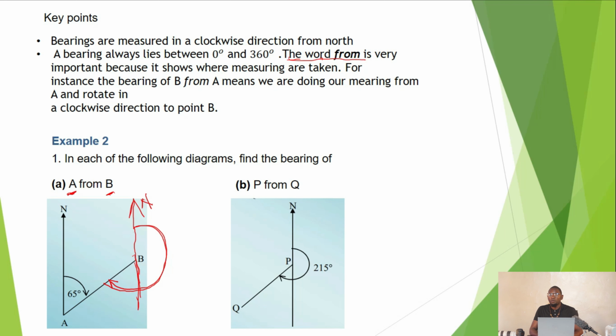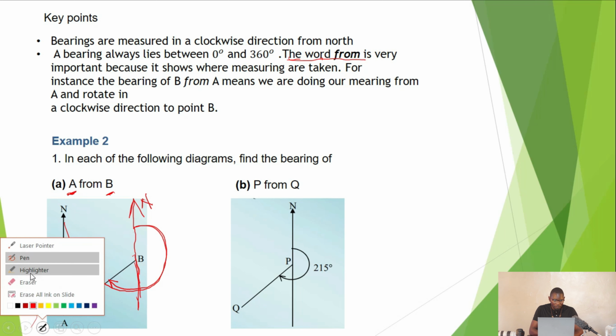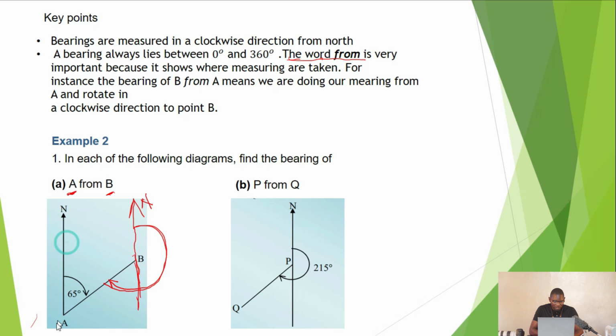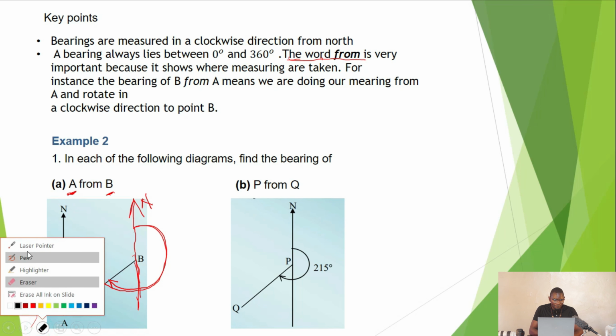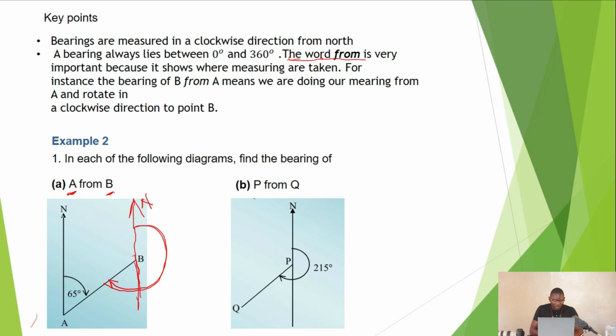Now mostly when we are looking at the bearing, we need to have some information or previous knowledge on the properties of angles. So if you check here, we have 2 parallel lines, which is the north that is here and the north here.